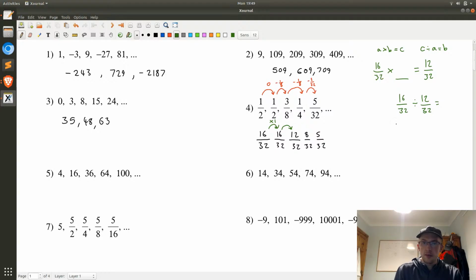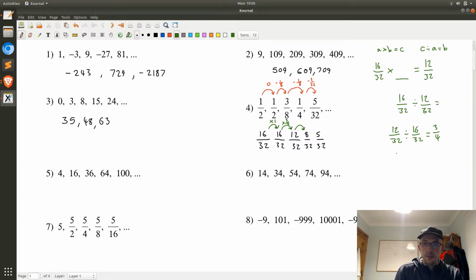This is the effect of tiredness. 12 over 32 divided by 16 over 32. That's better. So now it's 12 over 16, which is 3 over 4. Oh, I think I've cracked it. So that's 3/4.